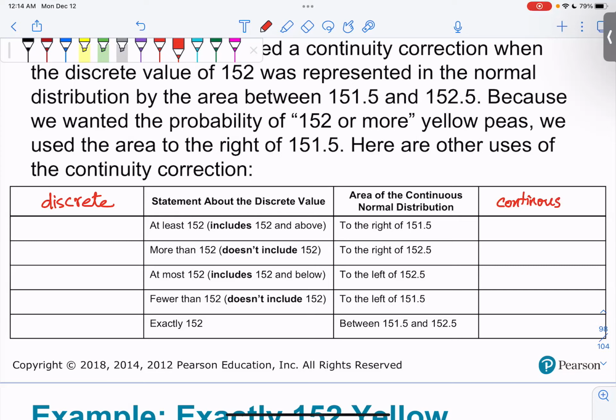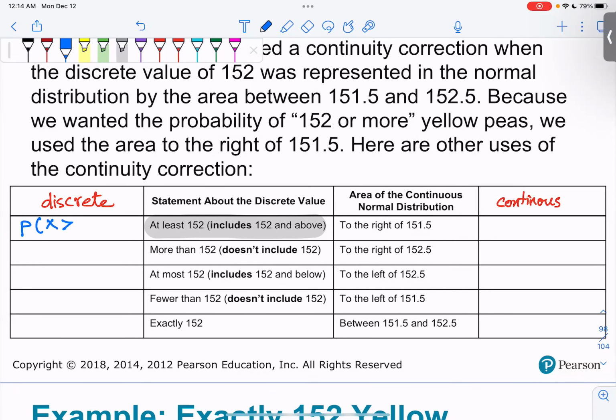Okay, so the first one says at least 152. At least 152 means the probability of X greater than or equal to 152, right? 152 is included.